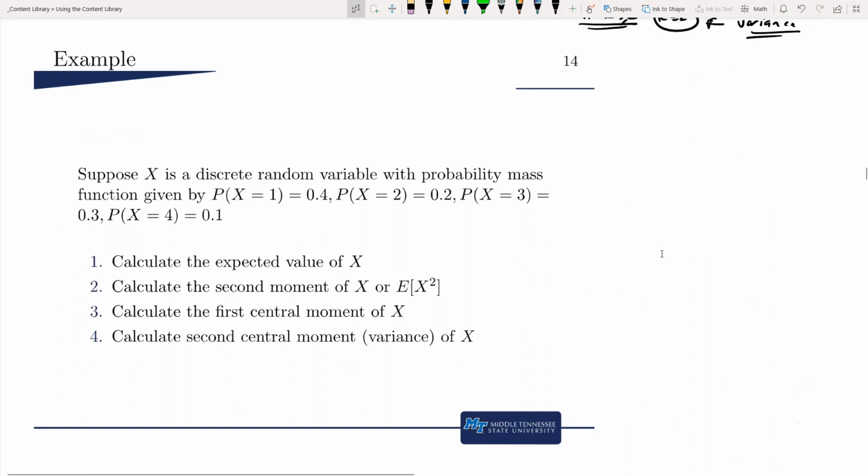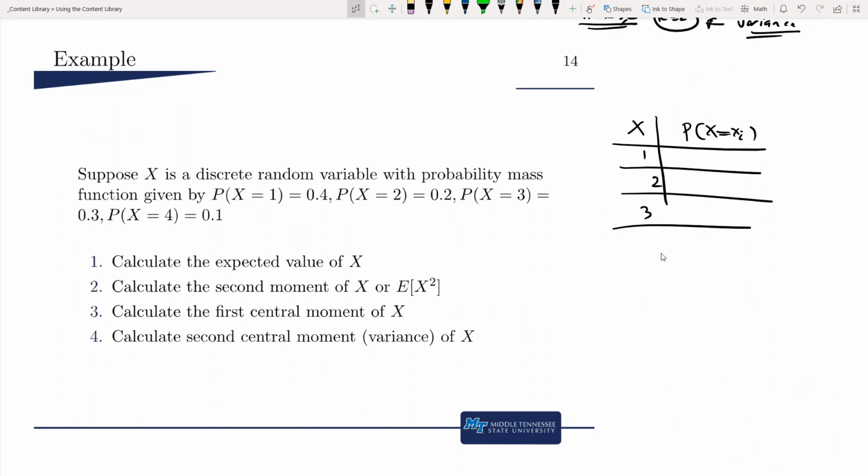Okay, so here you can see an example. You are given the probability distribution function of a random variable. Here you have the probability that X equals xi, and X can take either 1, 2, 3, or 4. This one is 0.4, this one is 0.2, this one is 0.3, this one is 0.1.